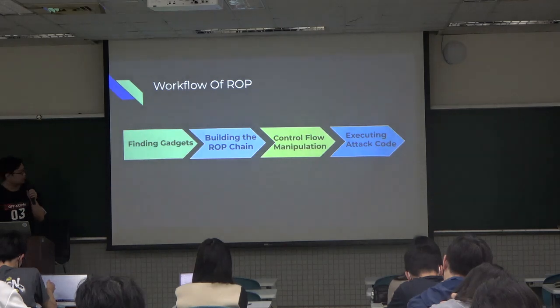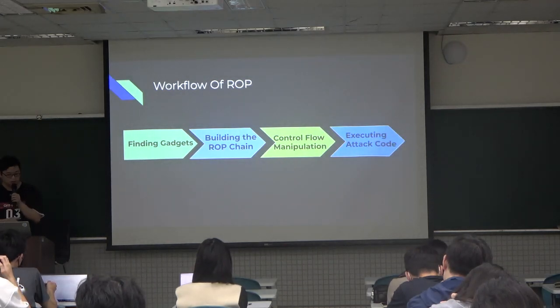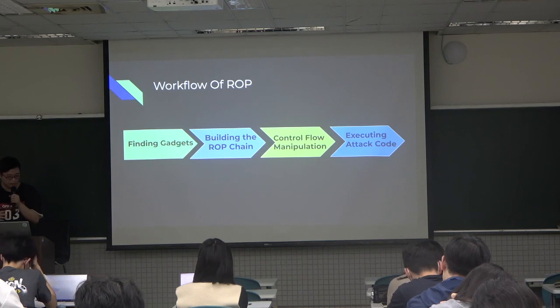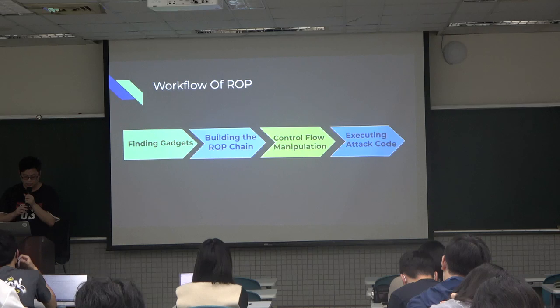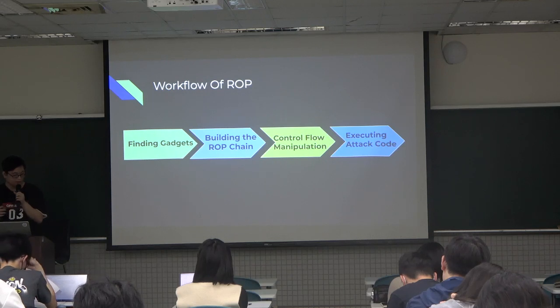And we're going to walk through the workflow of ROP. In the first step, the attacker will analyze the target program to find usable gadgets. These gadgets are existing code fragments in the program. And then once they have enough gadgets, they will connect them into an ROP chain.